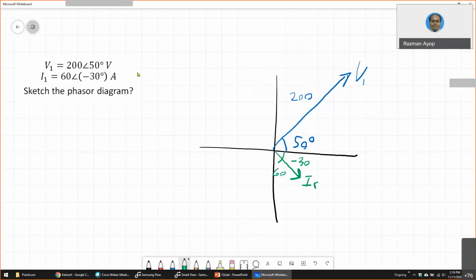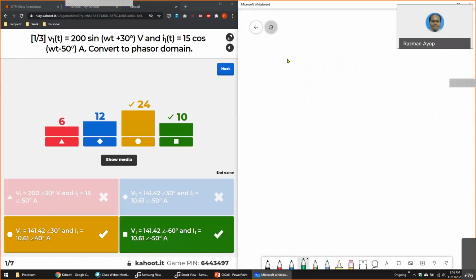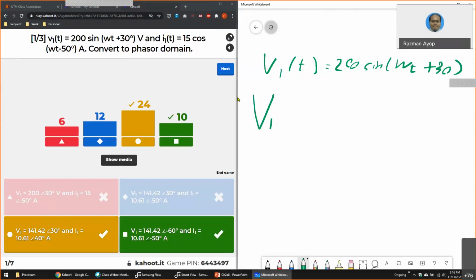So V1(t) equals 200 sine(wt + 30). To convert this, make sure capital V equals 200 divided by square root 2. Then the angle is just copied back.